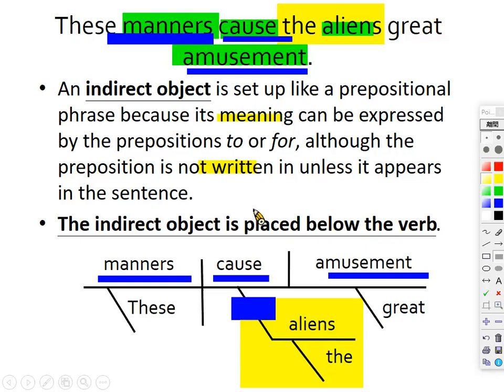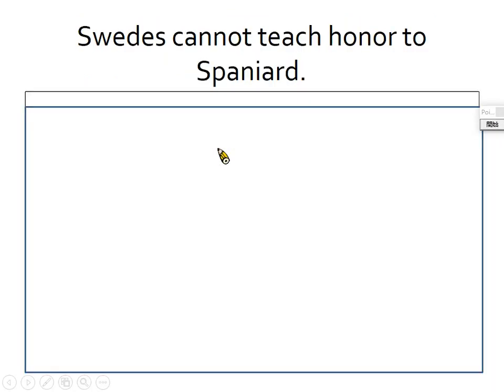For example, I teach you English. Basically, it is I teach English to you. Is that right? So without to, it's just without to. In this case, we can put the indirect object over here. The meaning is still the same. Okay, so how about this?